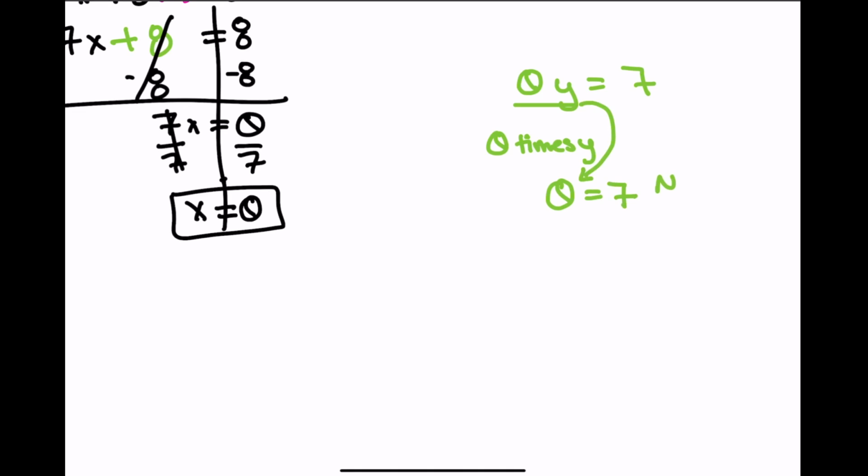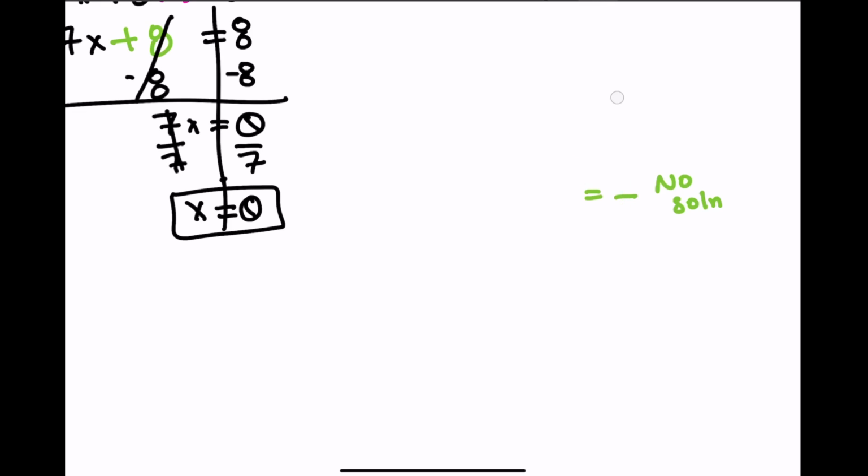So that would be a no solution. Okay, so just be careful. Know this. But there's a 7 here in the one that we have. So that is not a no solution. There was a 7 attached to the x. Not a 0, but a 7. Okay? If you got this, good. If not, stop by my room and double check with me. I will make sure you know it.